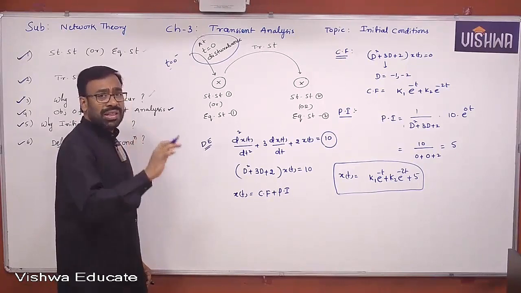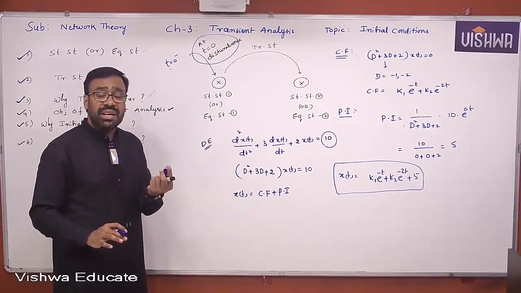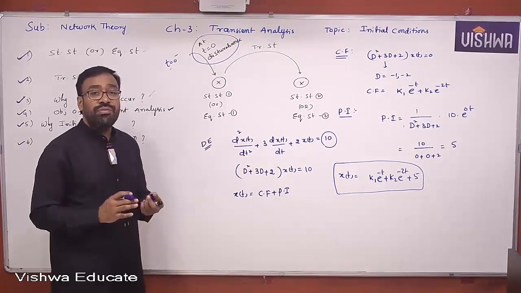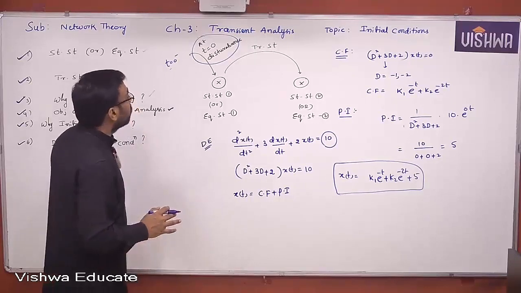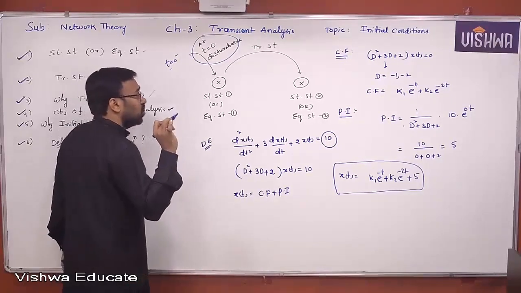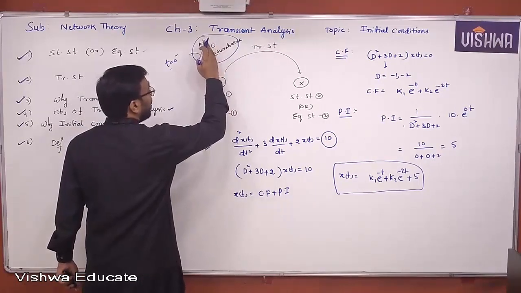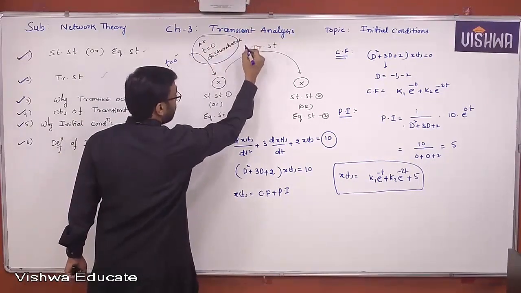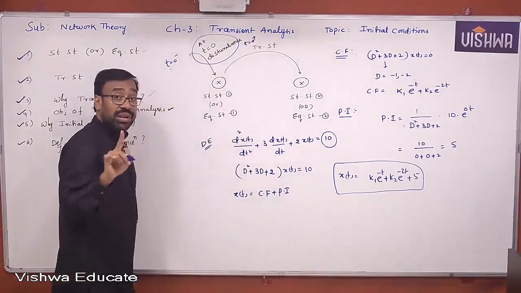Keeping in mind these 6 variables and the important characteristics of the inductor and capacitor, we define it in a different way. Initial conditions are those conditions which exist in the system immediately after the disturbance takes place. That is, t equal to 0 plus conditions are called initial conditions.